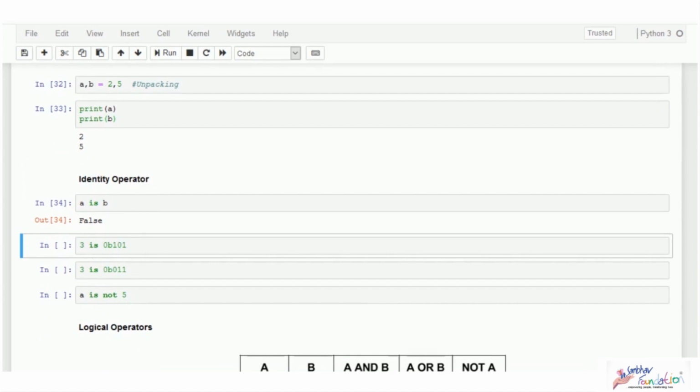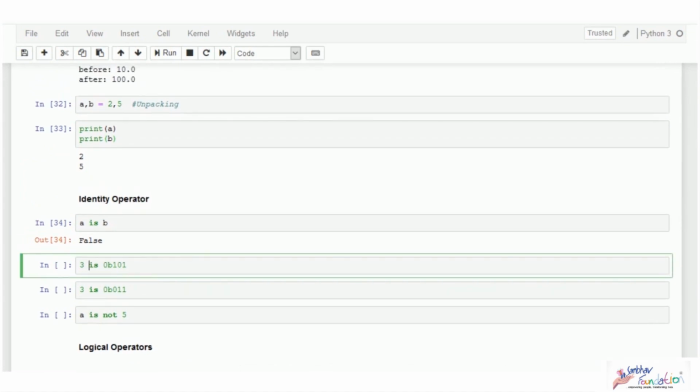And then we have 3 is 0b101. So this binary representation is the same as the decimal representation of 3, right? 101 is nothing but 3 in decimals. So 3 is 3, that is true.